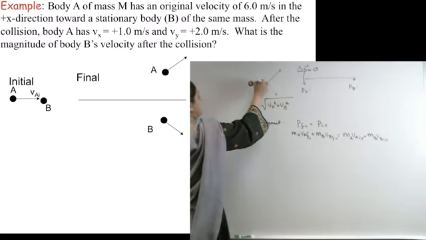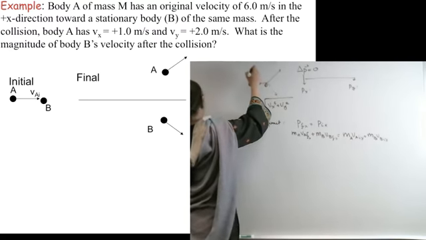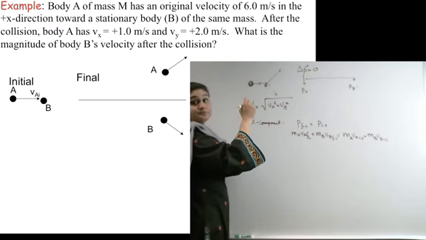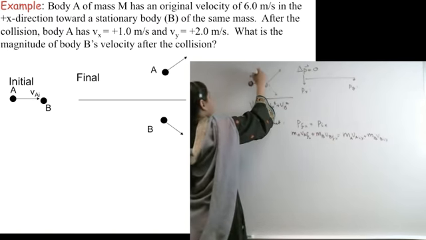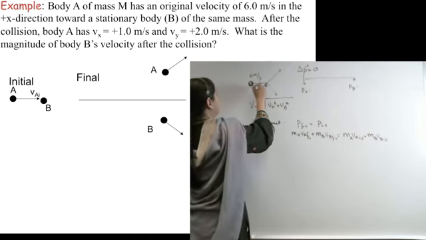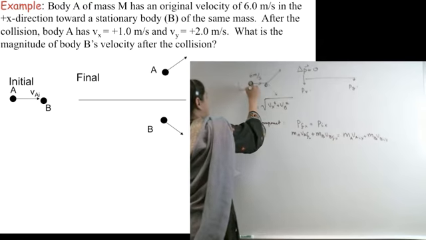Since the A particle has the initial momentum, and how much was that? It was 6 meters per second that it's coming in with. So I can plug that value in, and I'm calling this the positive direction.